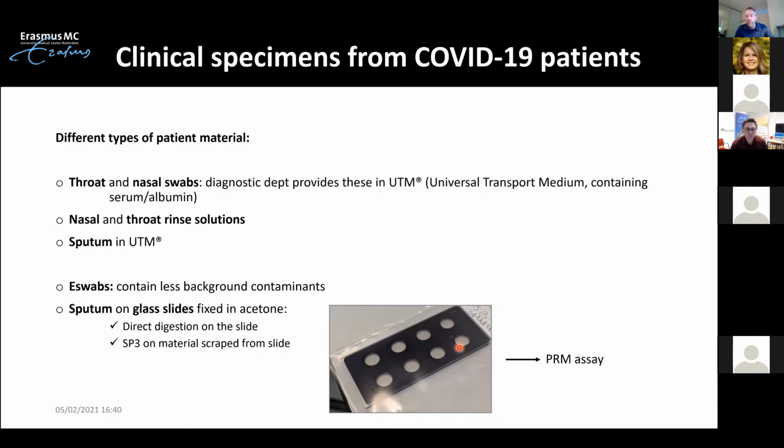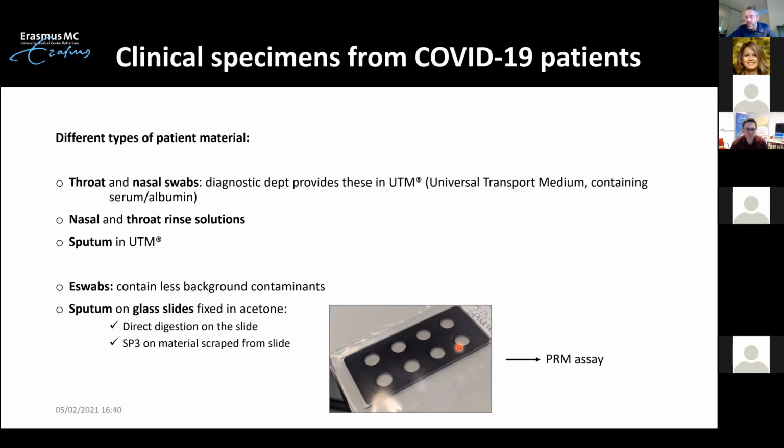And the main problem was apparently that the diagnostic department delivers all patient material in UTM. That is a transport medium containing a lot of serum and albumin, according to their standard protocols. But for proteomics, of course, this increases the matrix, the background to a huge extent, and that's not what we want.